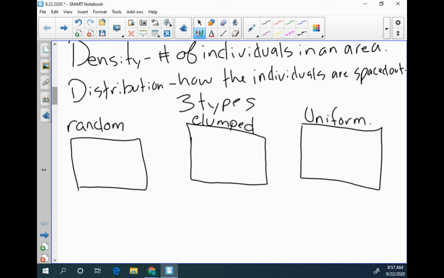So, as you may guess, random distribution, if each little dot is an individual, it's just wherever. In uniform distribution, we got individuals that are all lined up. If you've ever been driving down the road and you see one of those man-made forest areas where all the trees are all lined up, that's an example.